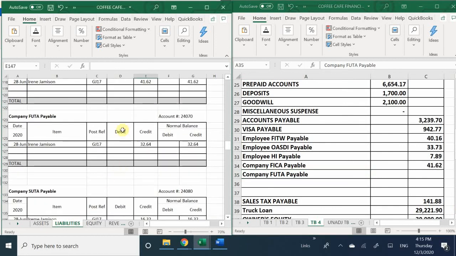And then we have company FUTA payable. That one's 32.64. Okay. All right. Then we have company SUTA payable.